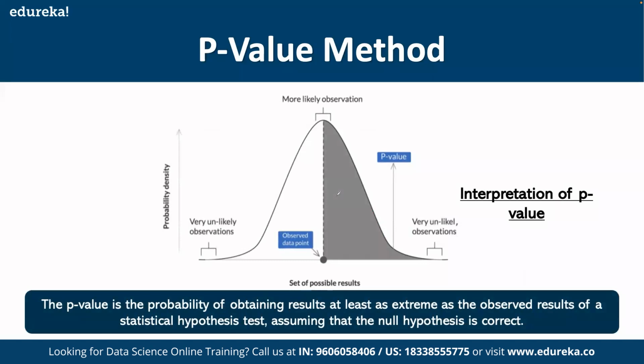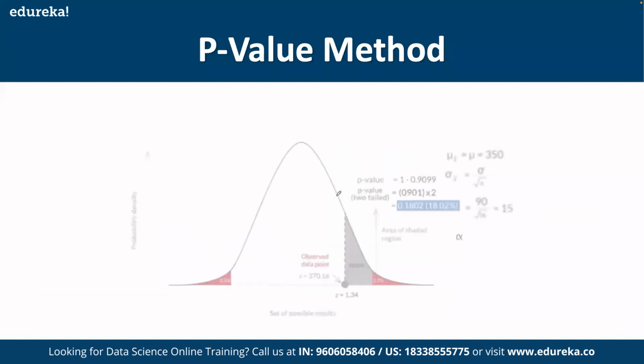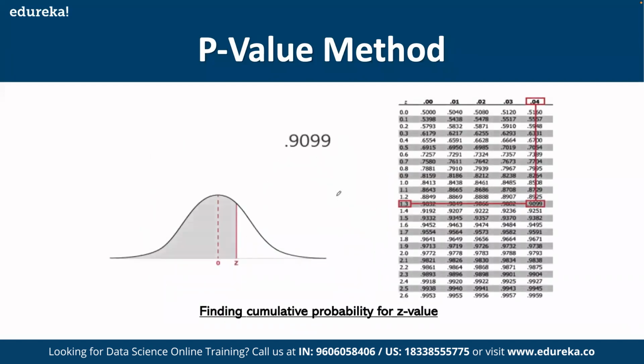The p-value describes the probability of obtaining a result at least as extreme as the observed result of a statistical hypothesis test, assuming that my null hypothesis is true. With this, we'll get the value of p, and on the basis of the p-value, we are going to interpret whether it follows the null hypothesis or the alternate hypothesis.